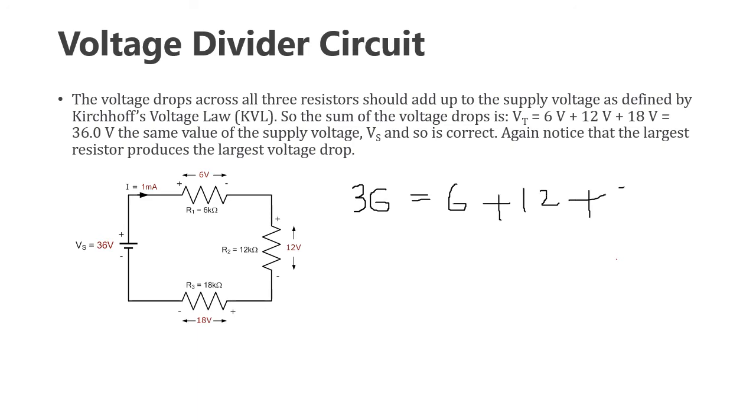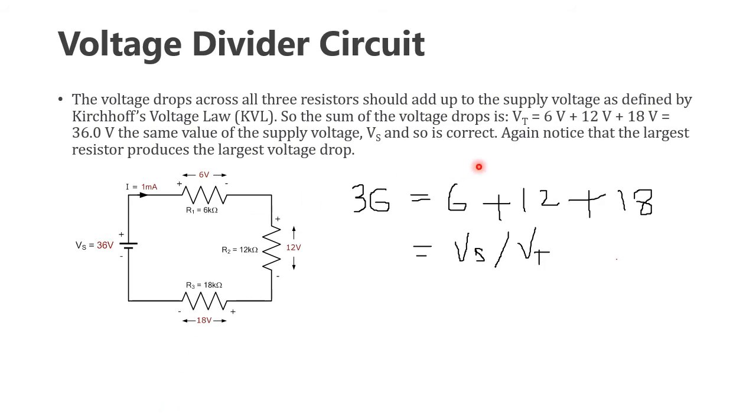That is exactly equal to 36 volts. That 36 volts is what we call the supply voltage, or another word, the terminal voltage. Supply voltage Vs, or terminal voltage Vt.